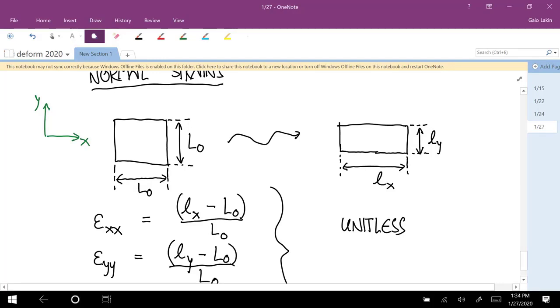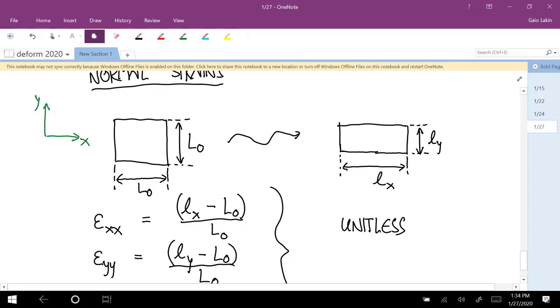It's way too big. The amount of deformation I have here is maybe about 30% of the original length, right? So say it goes from 1 to 1.3.